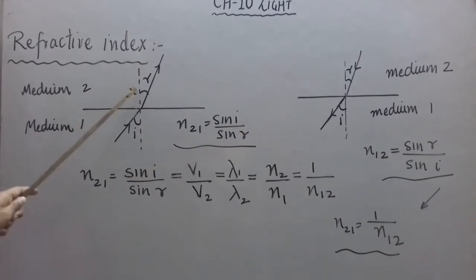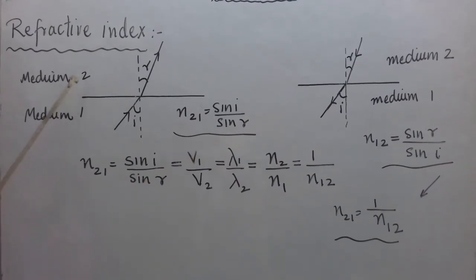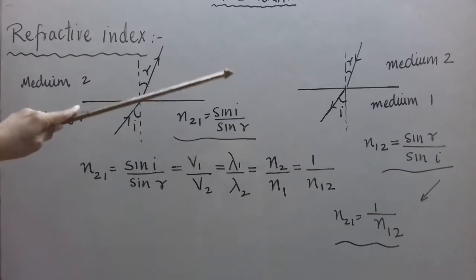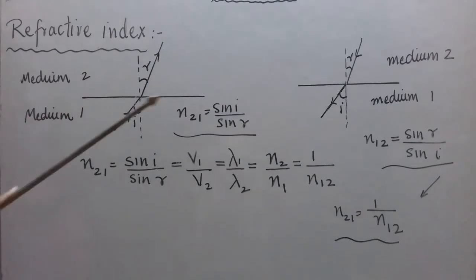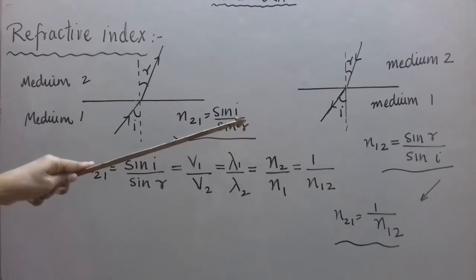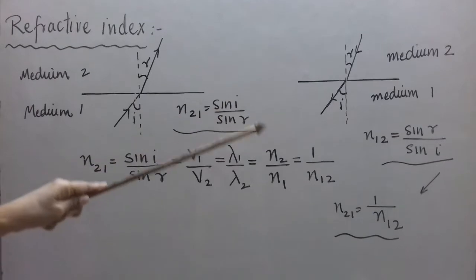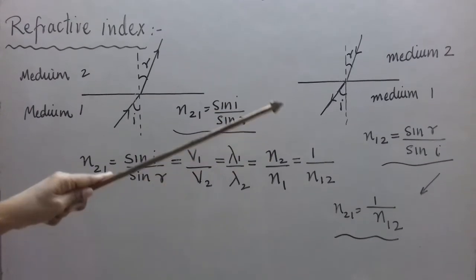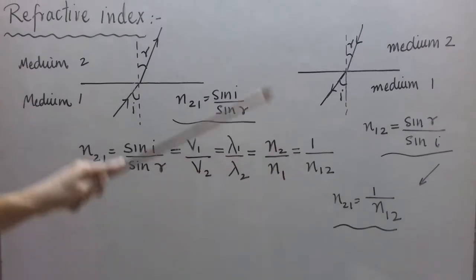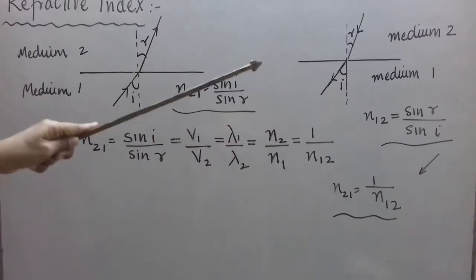Let me not change the symbols for the angles, and let me not change the medium. Let me call this incident medium to be medium 2 only, and the second medium to be medium 1. Now in that case, if I use Snell's law of refraction, refractive index of second medium with respect to first medium, there it will be N12, because our second medium is medium 1 and our first medium is medium 2.